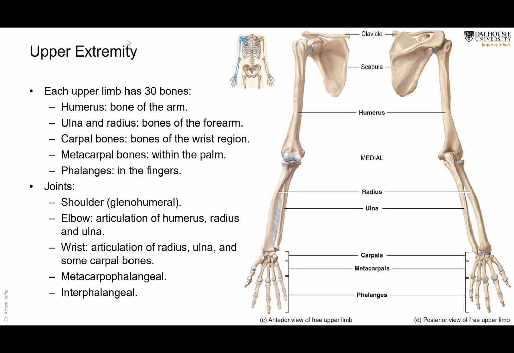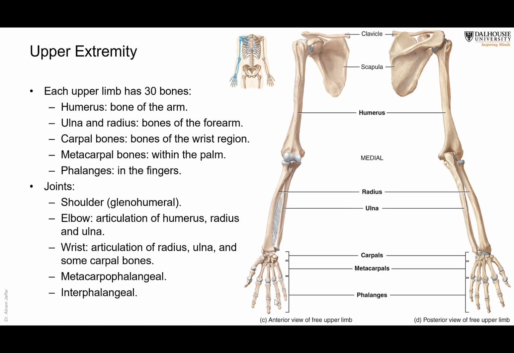So that's all about the pectoral girdle. We'll now deal with the bones of the upper limb. There are a lot of bones, whether in the upper limb or lower limb, usually there are 30. So there's the humerus, which is the bone of the arm, and there are the radius and ulna, which are the bones of the forearm. The radius is the lateral one, and in the hand we have the carpals at the wrist, and then the metacarpals and the phalanges.